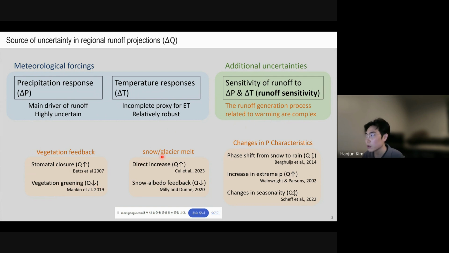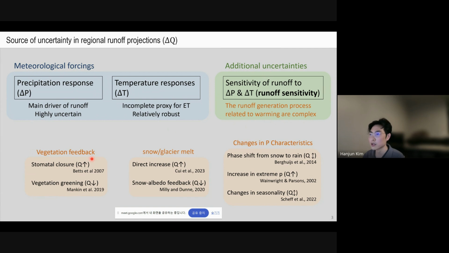And snow or glacier melt with the warming can directly increase the runoff. However, the resulting snow albedo feedback can energize the evapotranspiration, hence reduce the runoff. In addition, the changes in precipitation characteristics with warming can alter the runoff in various ways.